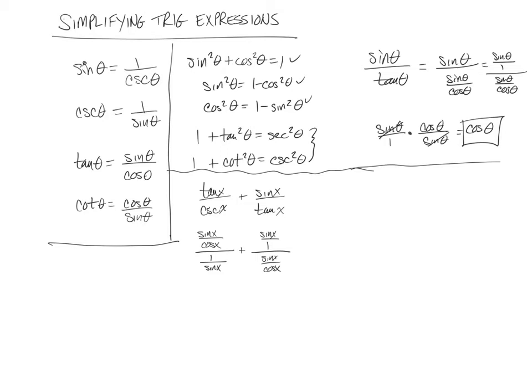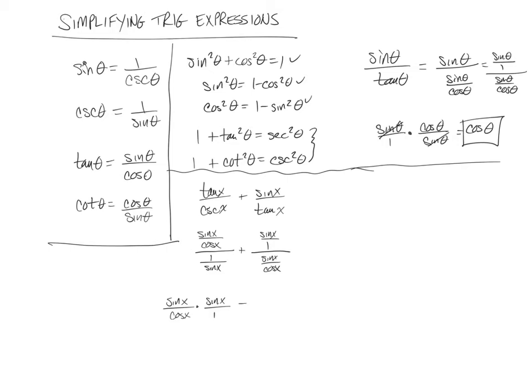Now, this first fraction here, the sine over cosine over the 1 over the sine, let's simplify that. We'll get sine over cosine, and that's going to get multiplied by sine over 1.